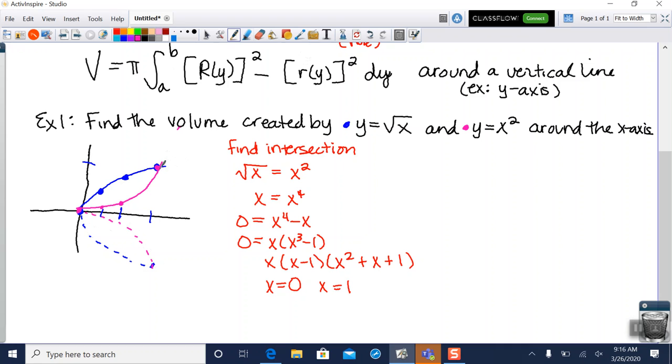And so you can see that this is kind of the shape that we're getting here. We're kind of getting our circles. They're going around like this.